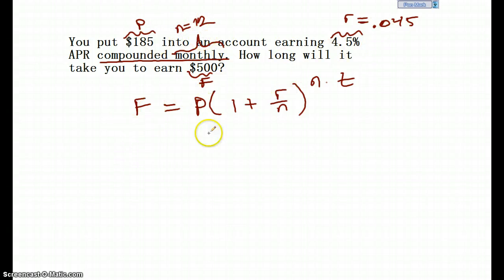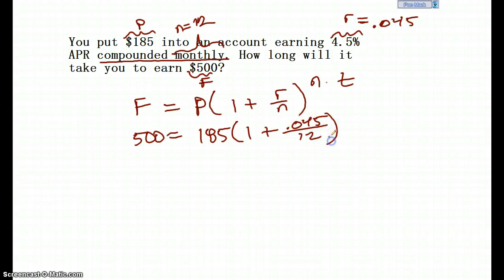So I plug in what I have, and this gives me 500 equals 185 times 1 plus the rate, which is 0.045, broken up into 12 equal pieces, so I get a monthly rate, raised to the 12t. Well, I'm trying to figure out how long, so I don't actually know what t is. That's the number of years that I'll need to be investing for.